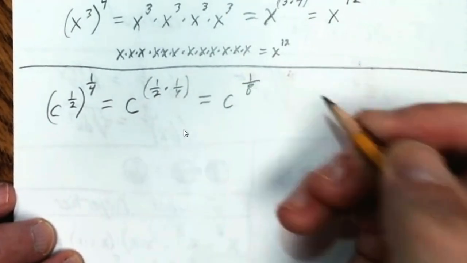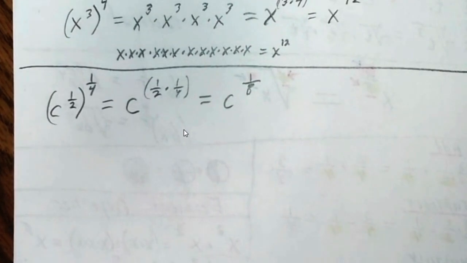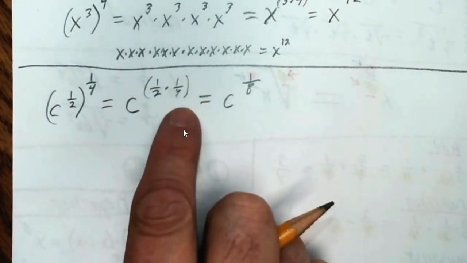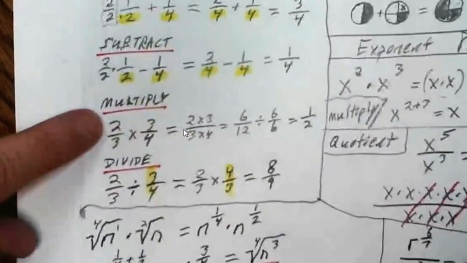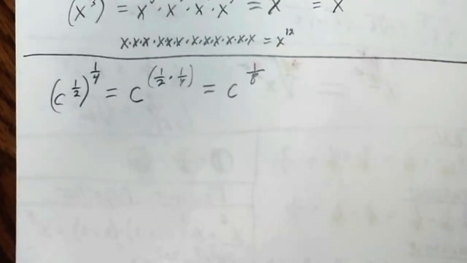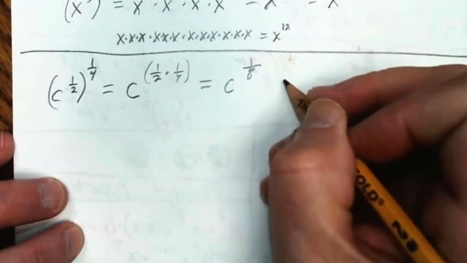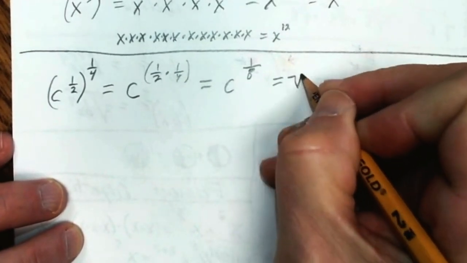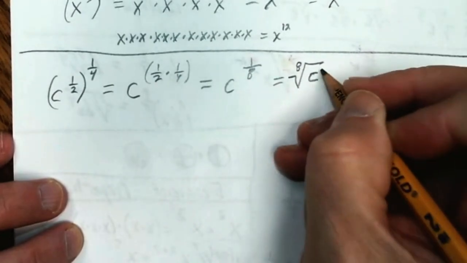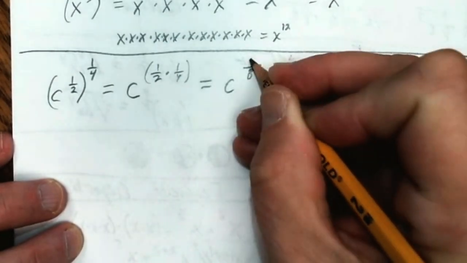That's c to the 1/8 power, because it's just 1 times 1 and 2 times 4. Remember our multiplication, you just go straight across. So that one's pretty simple. So c to the 1/8, which is also the 8th root of c to the first power, right? That's because that's a 1, so that's just c.